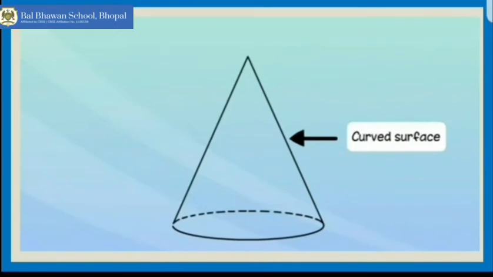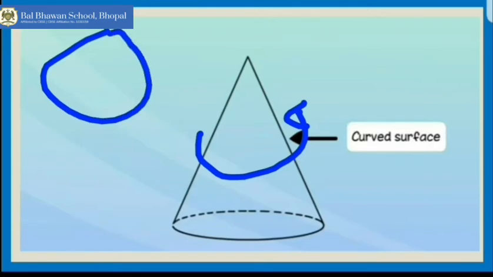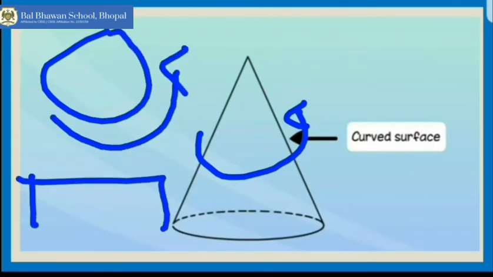Now next, the cone has a curved surface. So this is the curved surface. The surface which is rounded and it is not flat. Round means circular in shape. So this is your circle, this is curved, and it is not flat, this is something flat.